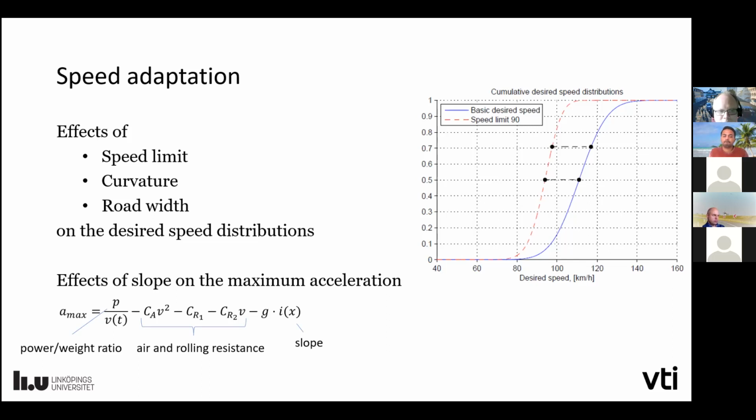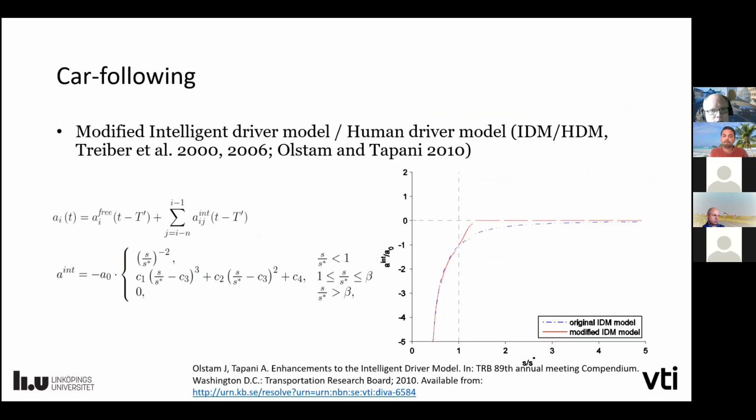But also, of course, air and rolling resistance and the slope have an effect. For car following, we are basing our work on the IDM. We did some adaptation to it. I will not go into details, but of course, one could probably use any car following model here which you think is good.